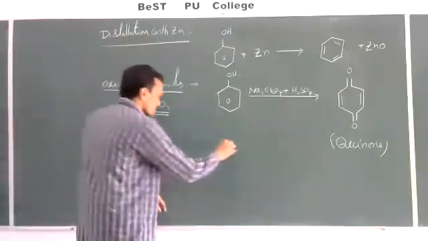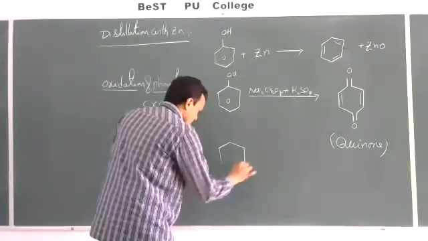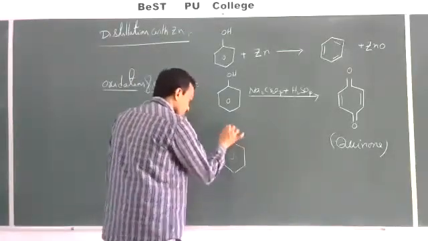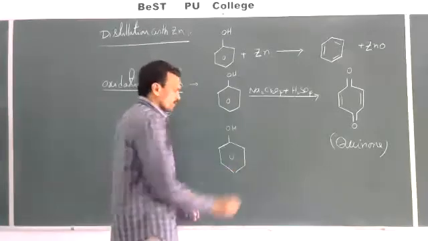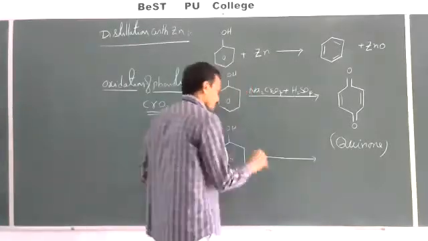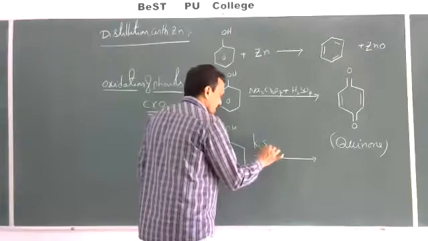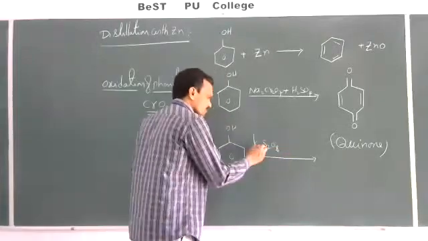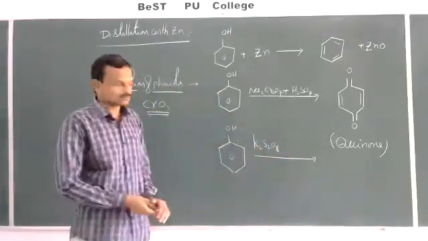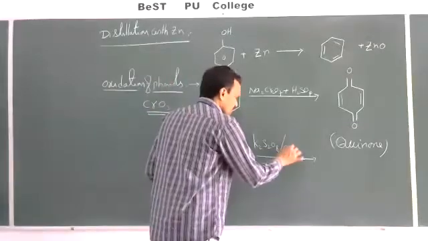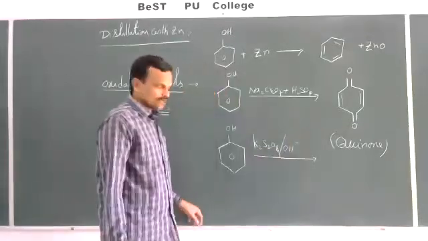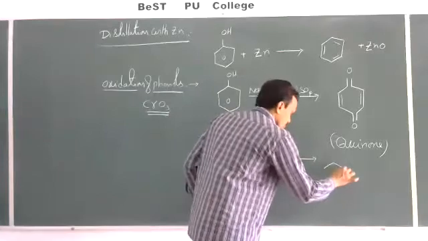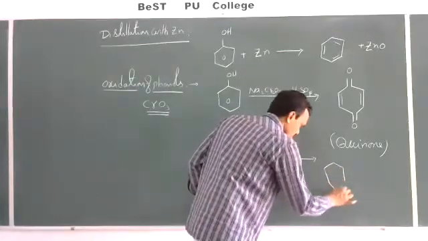And one more oxidation. If a phenol is subjected to oxidation in the presence of K2S2O8, potassium persulfate, in alkaline medium, then phenol is oxidized to quinol.